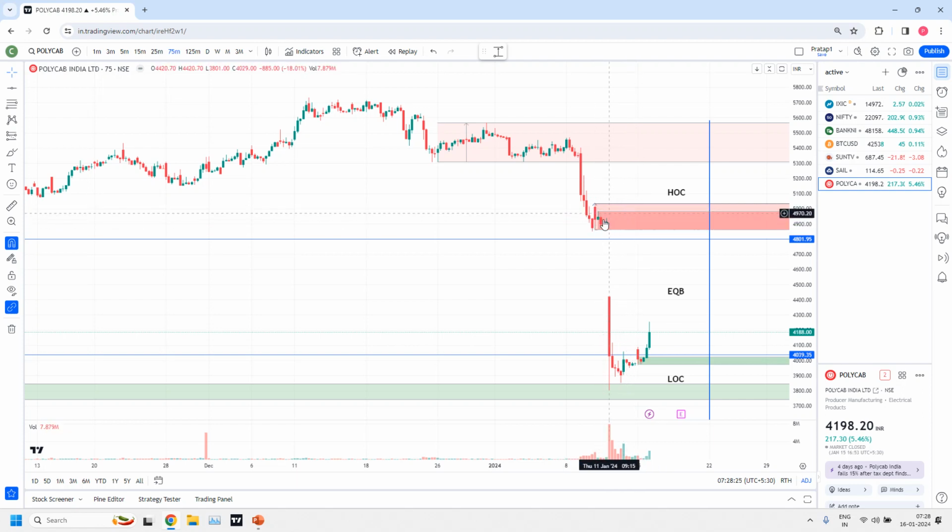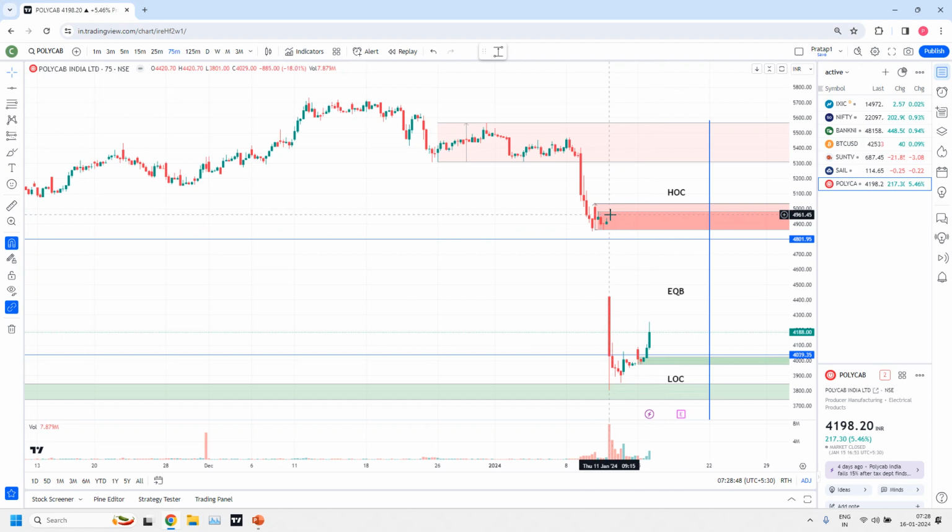So that is the reason why, immediately when prices enter into this ITF supply zone, at the same time prices are also entering into the LTF supply zone, because both are overlapped.